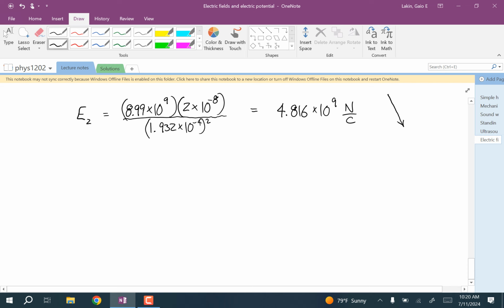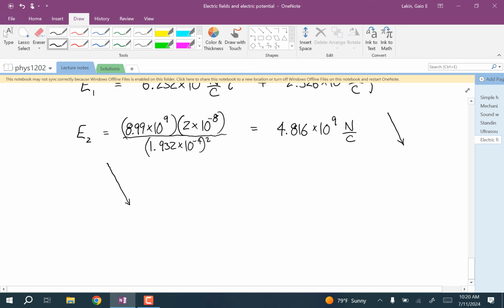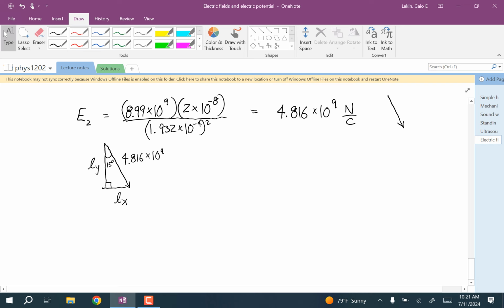And now we have to figure out the components like we did before. So here is our vector that has a magnitude of 4.816 times 10 to the 9th. Here are the components we're trying to figure out. This is 15 degrees, and I'll call this Lx and Ly. And we'll use SOHCAHTOA again.